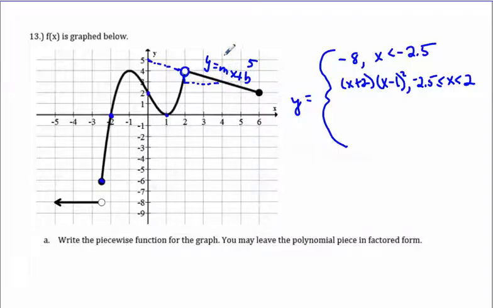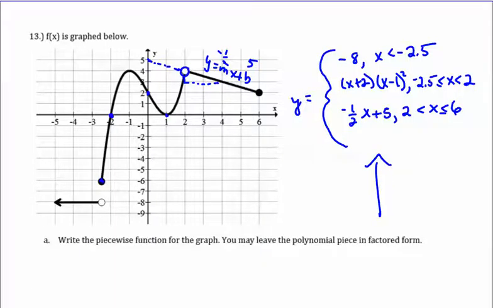So your slope is -1/2. So that equation is -1/2 x plus 5. And that is if the x is between 2 and 6, and you want to include the 6. So here's 2. Don't include the 2, but do include the 6. Okay, and that is your answer for A.